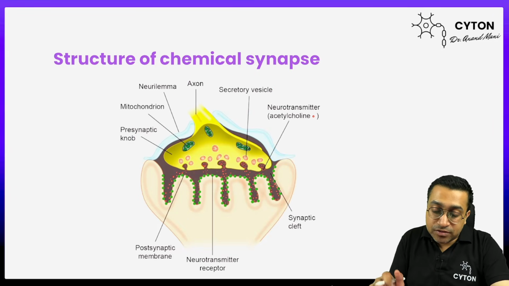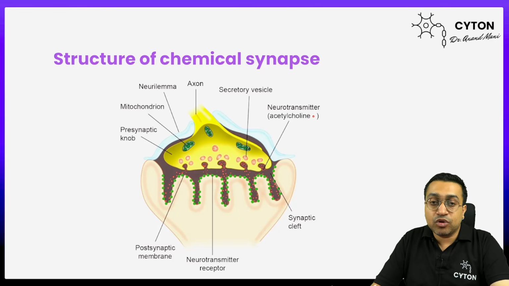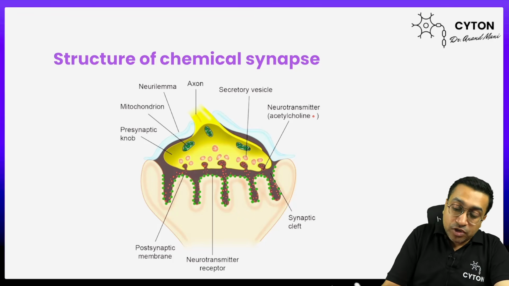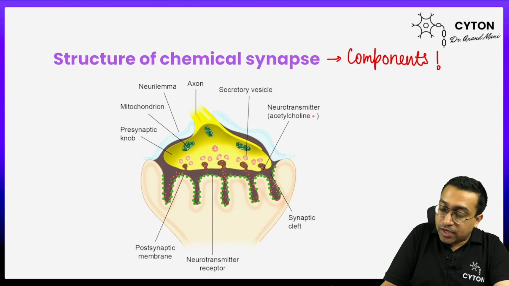Then we come on to the structure of chemical synapse. See in this photograph, you will study this in quite some detail in physiology class. There are some components of the chemical synapse which you have to remember, which are asked in the exam.